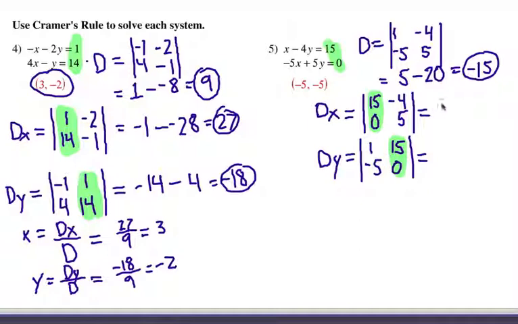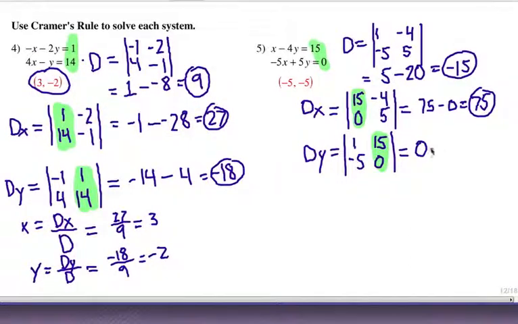All right, so 15 times 5 is 75. Take away this product, which would be 0, and so of course 75 will be the answer there. Next we have 1 times 0 and negative 75, which again gives me a positive 75.